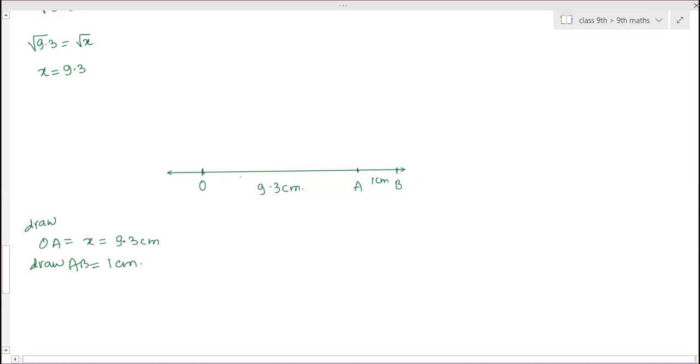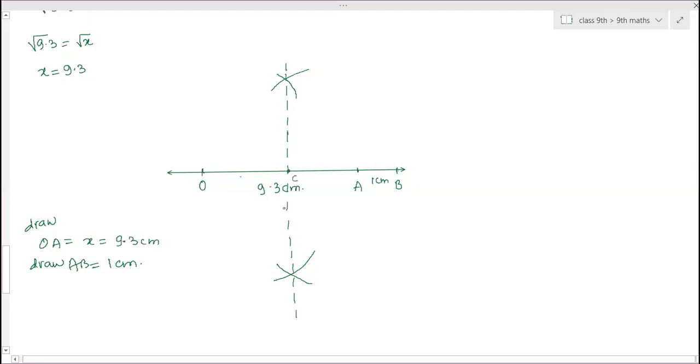That means keep the compass at O, take more than half the distance, cut an arc at the top and at the bottom. From B, now the same distance, cut an arc top and bottom. Now join those 2 points with a dotted line. It intersects at this point.